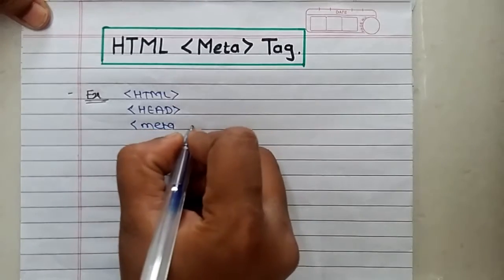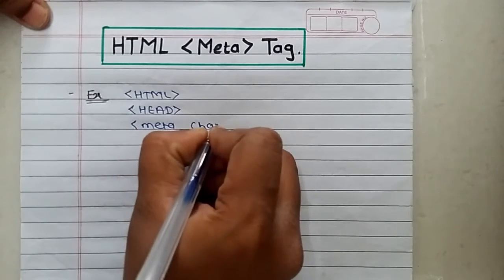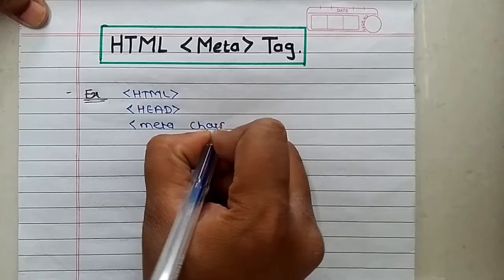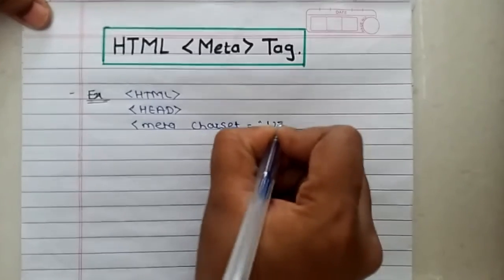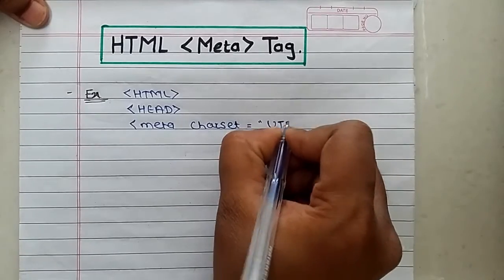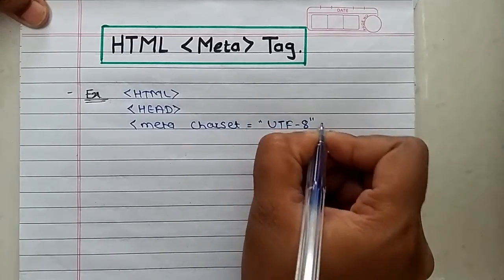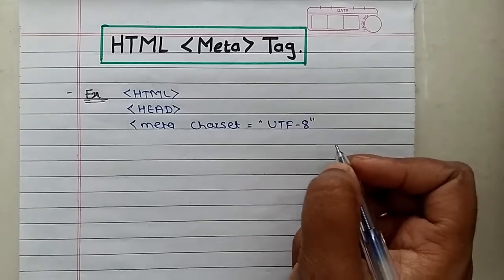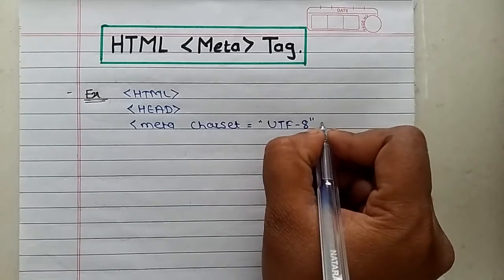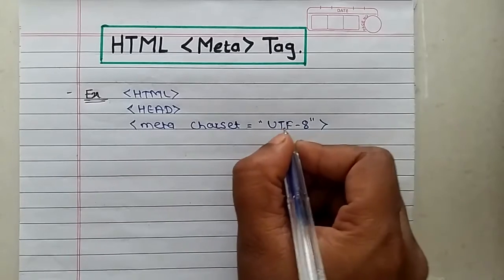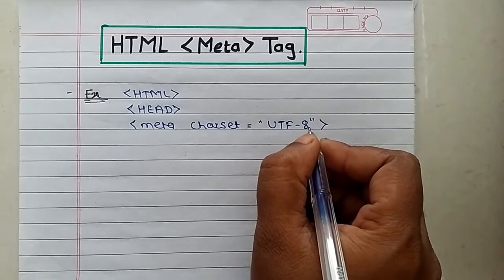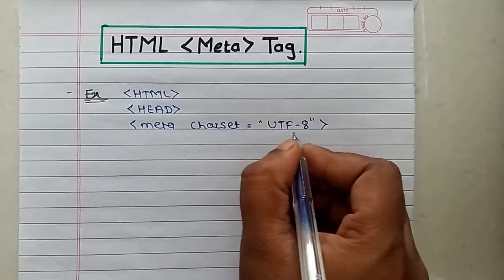Then charset is equal to what? UTF-8. This is the character encoding format. The value of this attribute of the meta tag is UTF-8, the character encoding format.